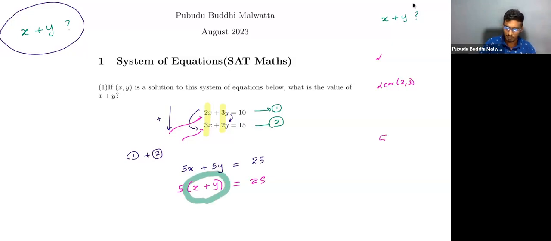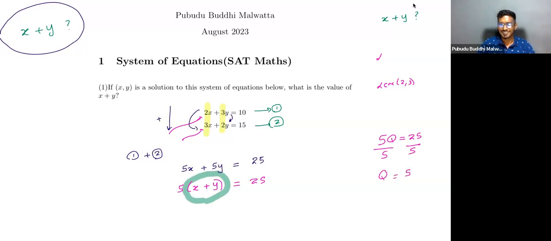So this is like 5q equals 25. Then you can divide both sides by 5, and you will get q equals 5.